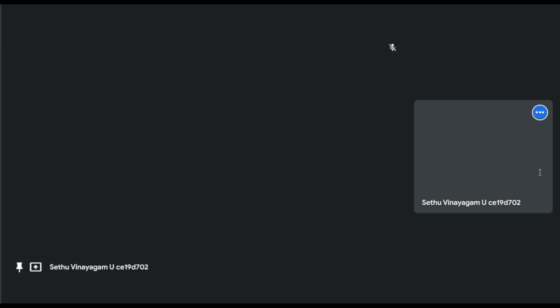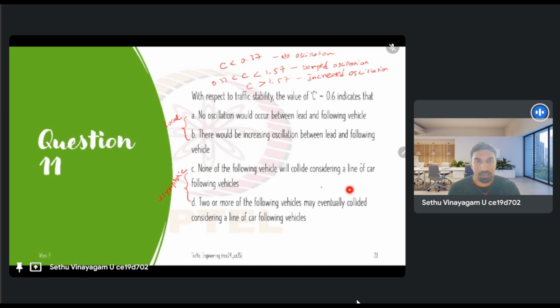And then when C is greater than 1.57, what we have is an increased oscillation. Increased oscillation means the traffic is in an unstable condition, and the oscillations in the response are going to become larger and larger with time.